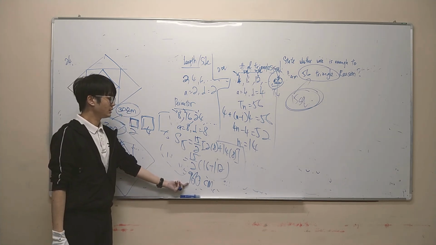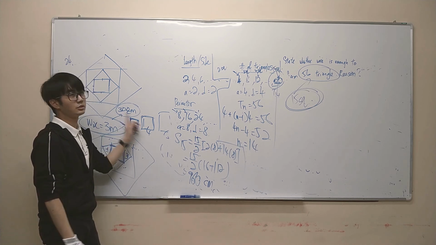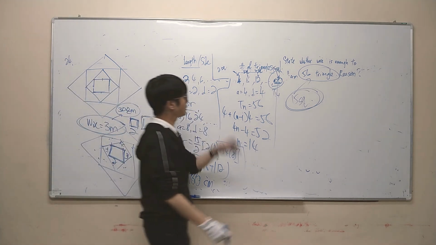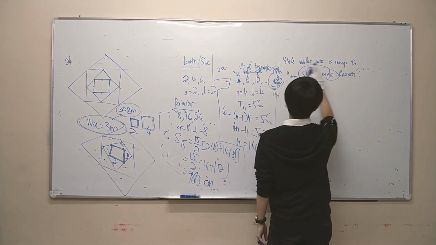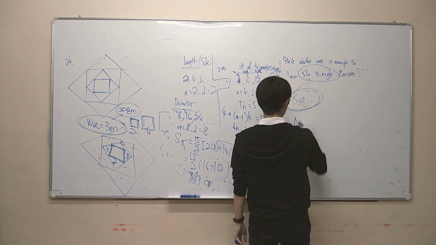If I want to form, is it enough or not? So what do you write for the answer? State whether the wire is enough to form 56 triangles?